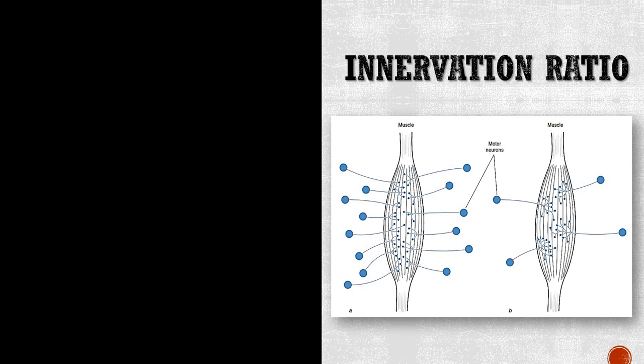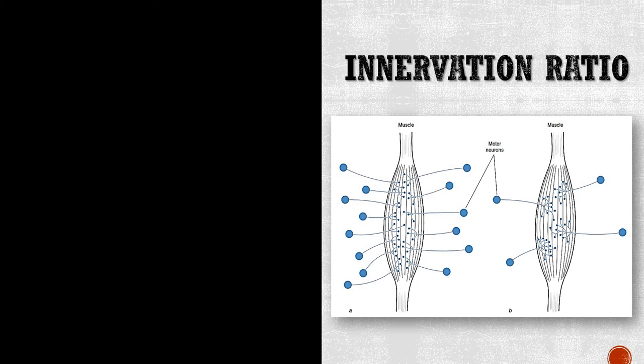So you'll notice muscle A on the left hand side here has far more motor neurons than muscle B. However, muscle B has fewer motor neurons, but they are motor neurons that synapse with more muscle fibres.